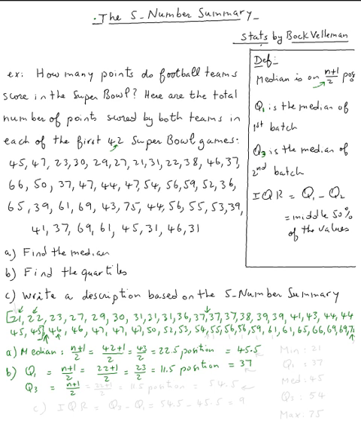Count from 75, n plus 1 over 2, which is 22 plus 1 over 2, the 11.5 position. So it's 1, 2, 3, 4, 5, 6, 7, 8, 9, 10, 11.5, which would be between 54 and 55, so it's 54.5.